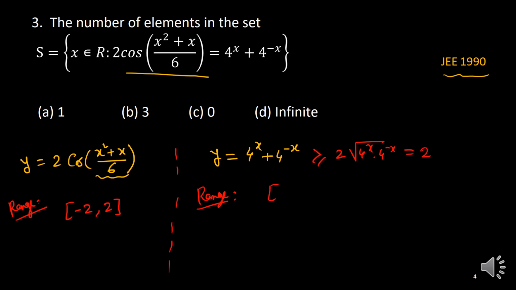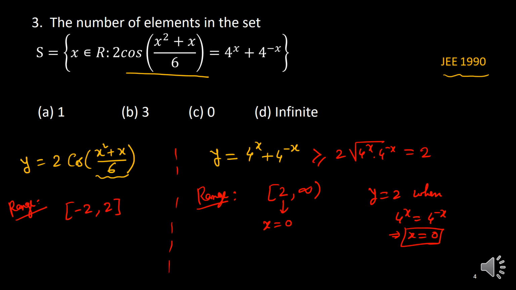So its range is 2 to infinity, and the equal sign you will get with x equals 0. Here y equals 2 when 4 to the power x equals 4 to the power minus x, which implies x equals 0. If I put x equal to 0, 4 to the power 0 is 1, 4 to the power minus 0 is 1, and 1 plus 1 is 2. Only one point, no other points.